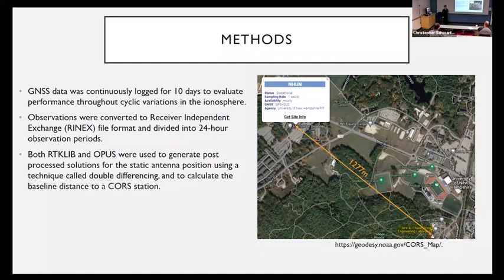And I used 2 post-processing software solutions to generate single point position solutions for the antenna position for each day of observation. And I used those positions to calculate the baseline distance to a local NOAA CORS station, which is NHUN. You can see here with the baseline drawn between Chase and that control point.